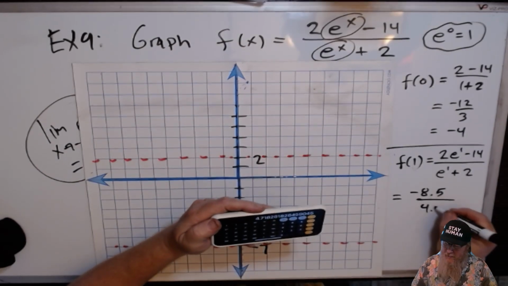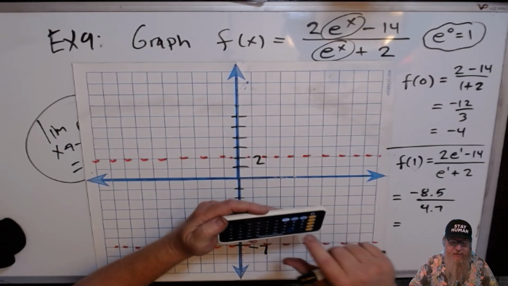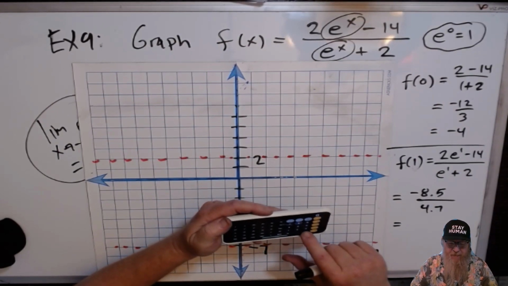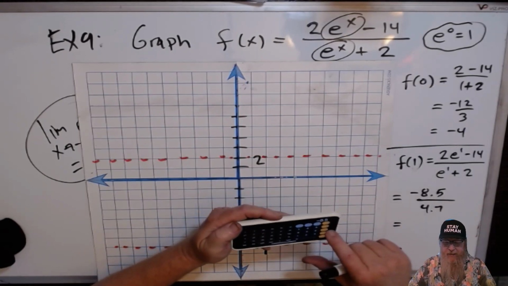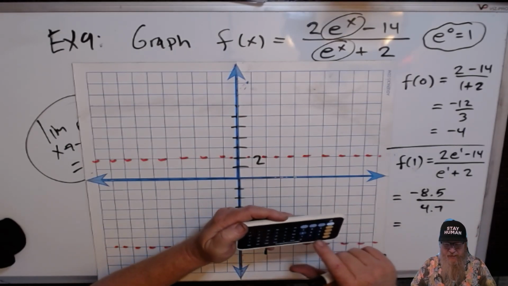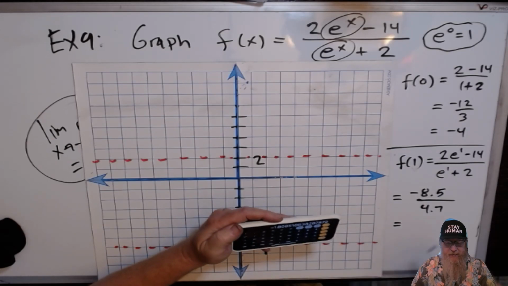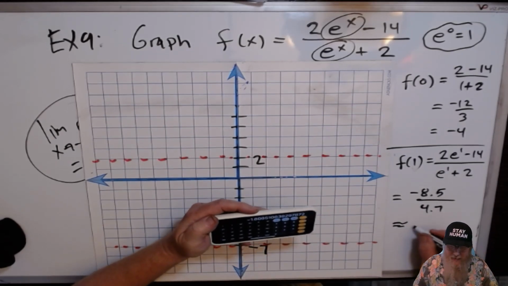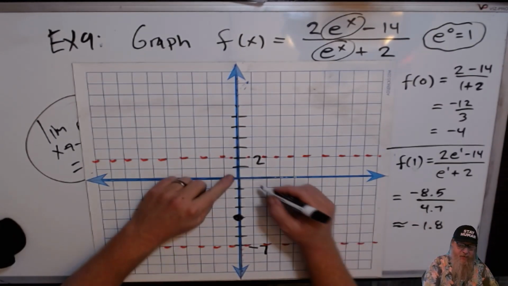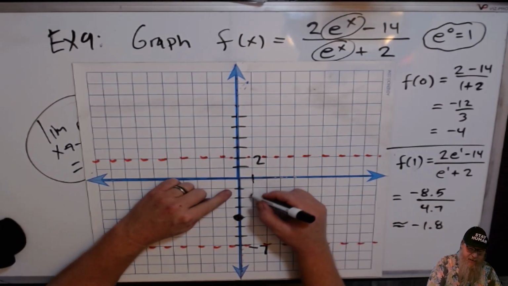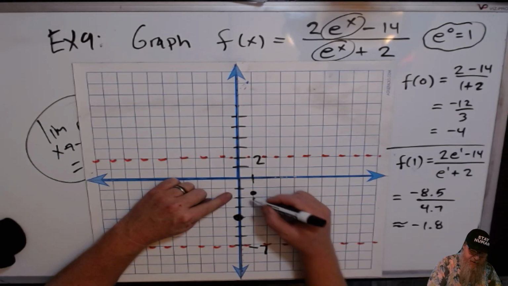Gives me 4.7. So I get negative 8.5 divided by 4.7. So it's approximately -1.8. All right. So x was 1, and this is right about here.